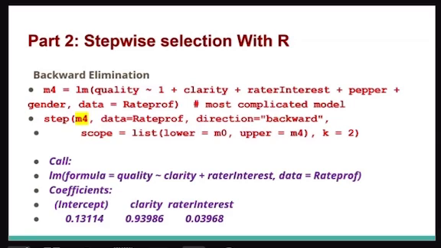Before I go, today I've introduced you to what we call variable selection. We don't just add variables into our model for the sake of adding. We put into consideration some techniques.